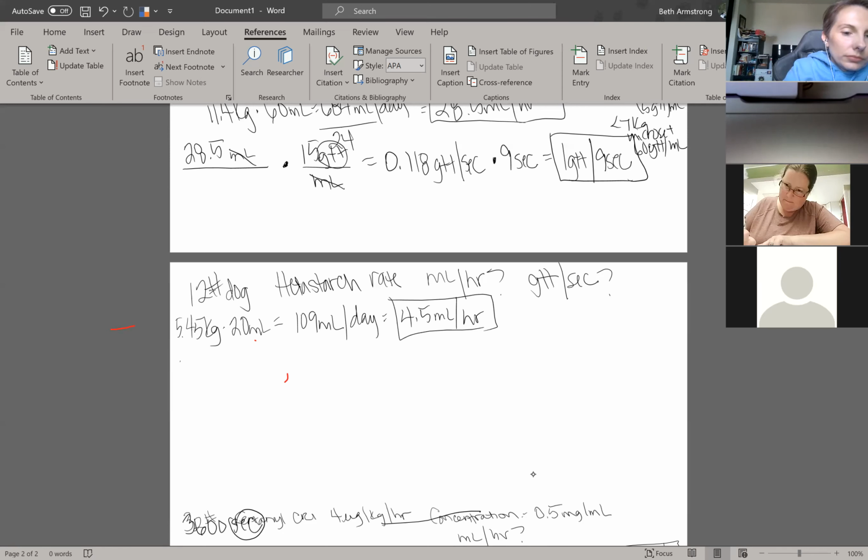Divide by 3,600. Great. So we're going to take our 4.5 mLs, divide that by 3,600 seconds. And then what are we going to do from there? Multiply by 15 drops per mL. Okay, so we're going to multiply by a drip set.